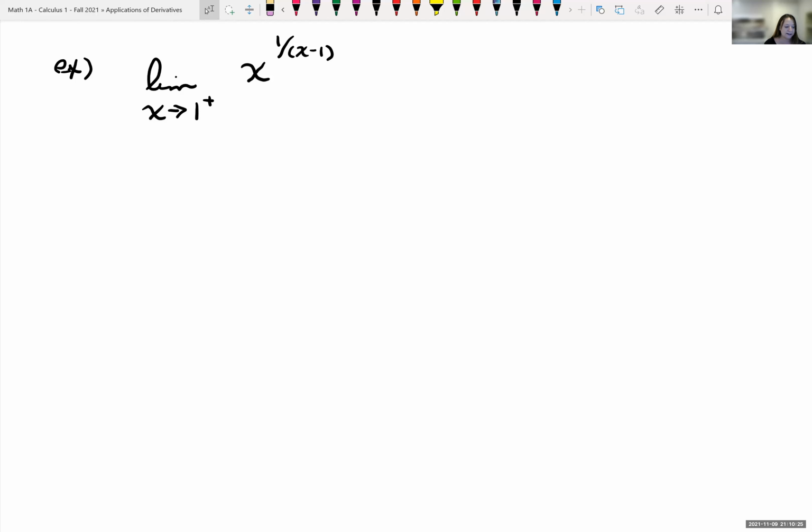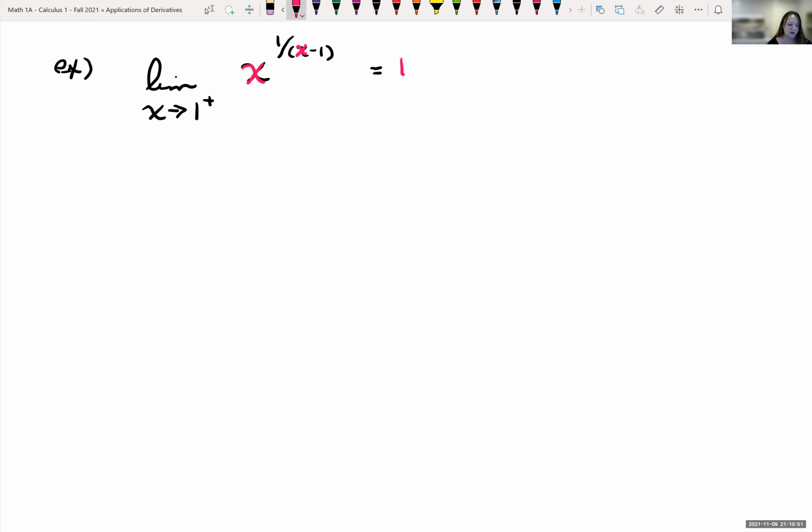Okay, so looking at another example, we have the limit as x is approaching 1 on the right-hand side of x raised to the 1 divided by x minus 1 power. If we do direct substitution, we'll notice that we get an indeterminate form. x is going to 1 on the right-hand side, so that base is going to 1.